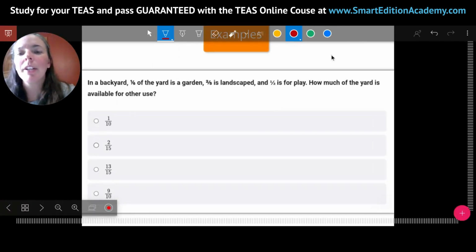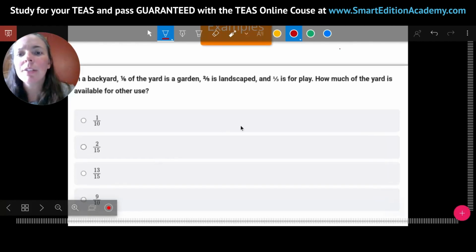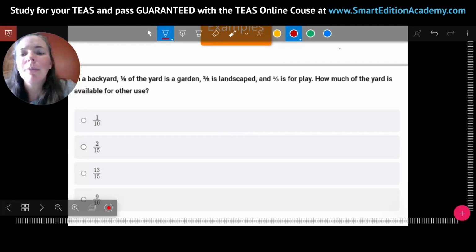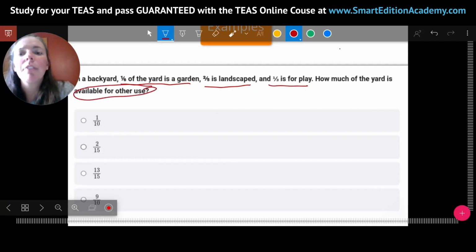In a backyard, 1/6 of the yard is a garden, 2/5 is landscape, 1/3 is for play. How much of the yard is available for other use? So I'm noticing that there is 1/6, 2/5, and 1/3 all taken up. And then the question is asking how much is available for other use.